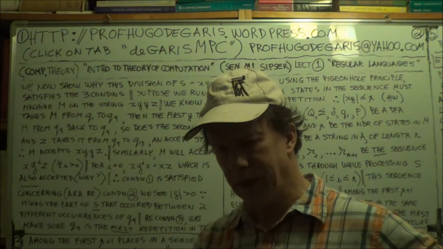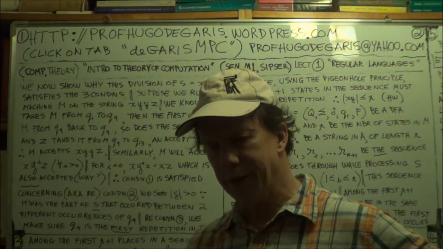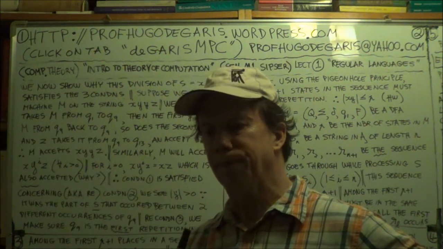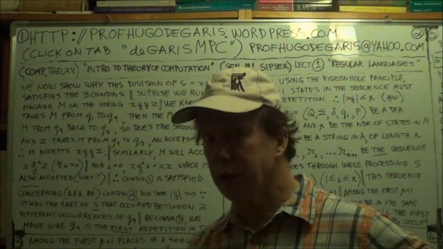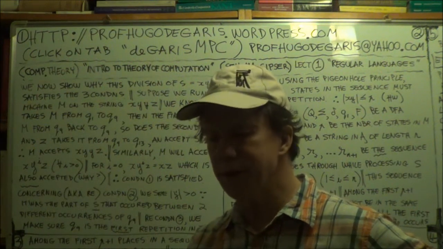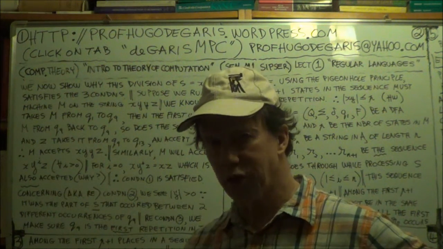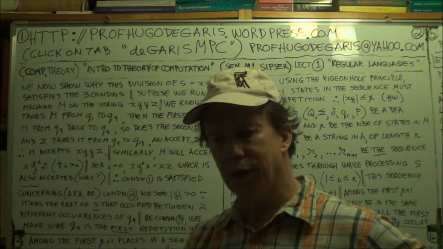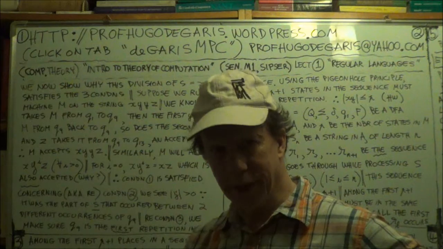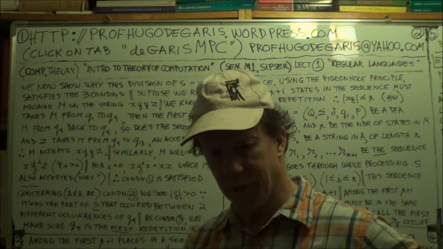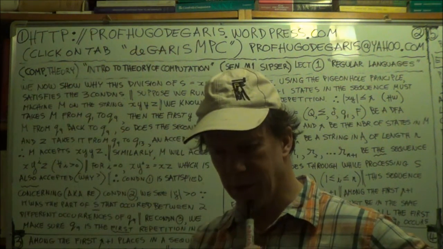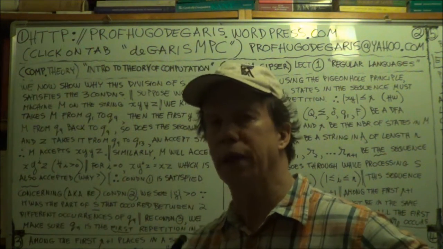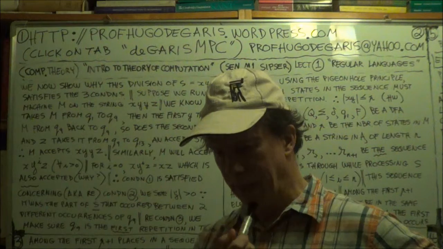Since that input string is accepted, because we're assuming that the language is regular, therefore this machine recognizes that input string. Therefore, the last state in the sequence is one of the accept states of the DFA, call it big M for machine, right?